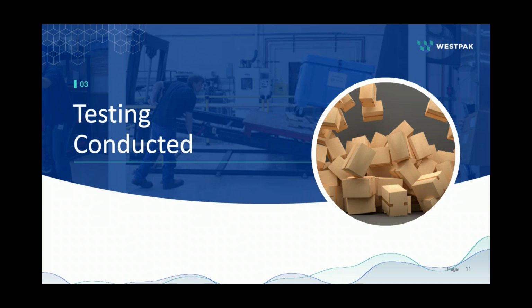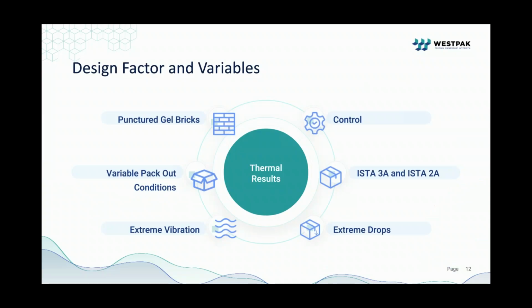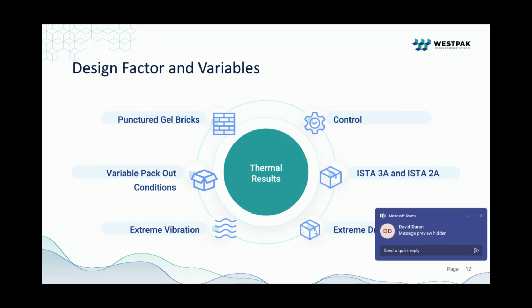Cool. Thank you, Edmund. Like Edmund mentioned, in this study we're looking to assess the thermal performance of these insulated shippers, these packages, but also add another element that we haven't seen before: the potential transit hazards that could affect the overall thermal performance of a package.